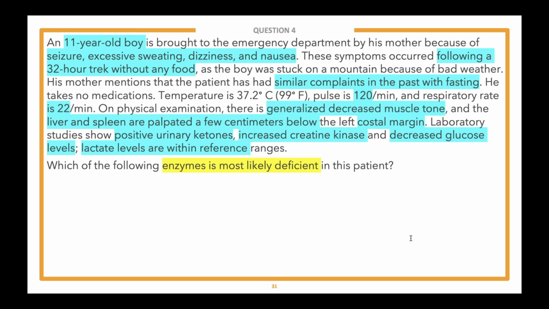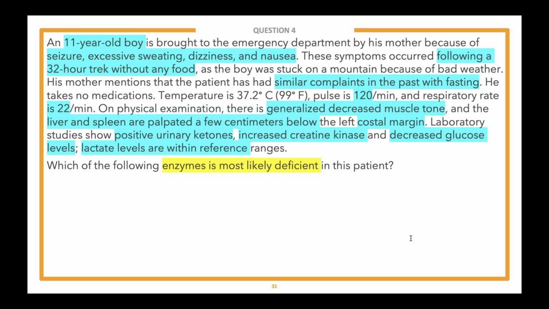And then physical exam, there's a good amount of stuff. We can see that the liver and spleen are palpated. We can see that there's some things in the urine, ketones, there's increased CK, there's low glucose, normal lactate. All of these things are going to be important, and you'll see why when we talk about this question. But it's important to make sure that you're highlighting what's going to be relevant for this question, okay?